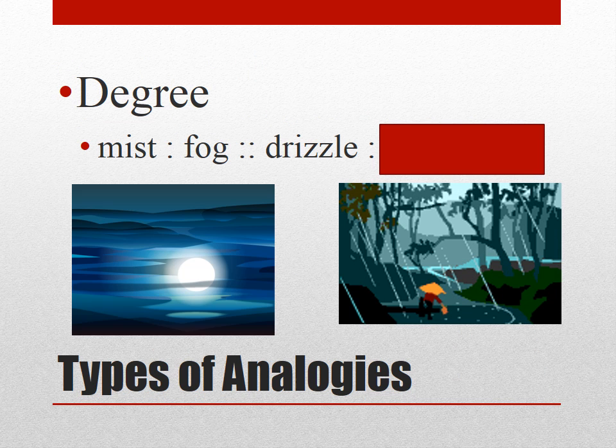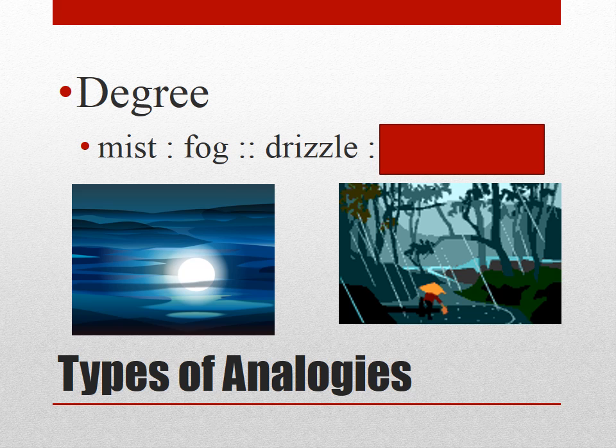The next one's a little weird. It's degree of. So this is kind of like the amount of something that is happening. So a mist is a tiny little bit of air and vapor, where fog is going to be a heavier degree of mist. So a drizzle is a tiny little amount of rain.